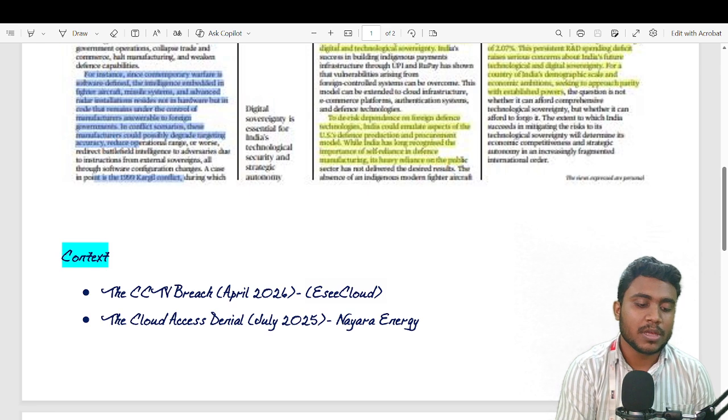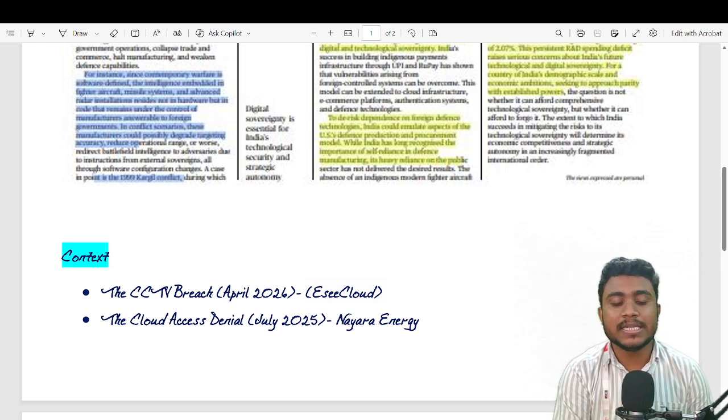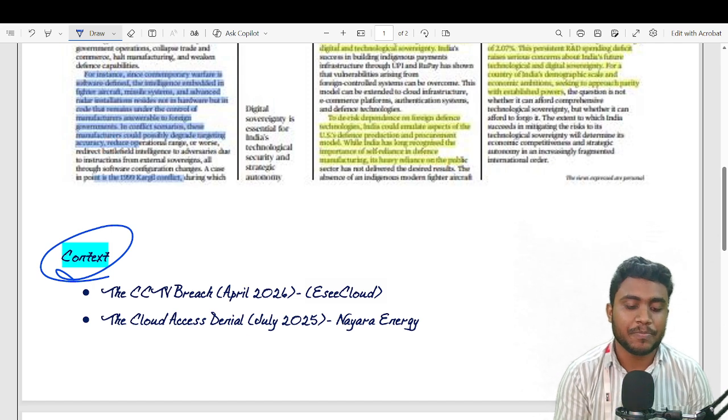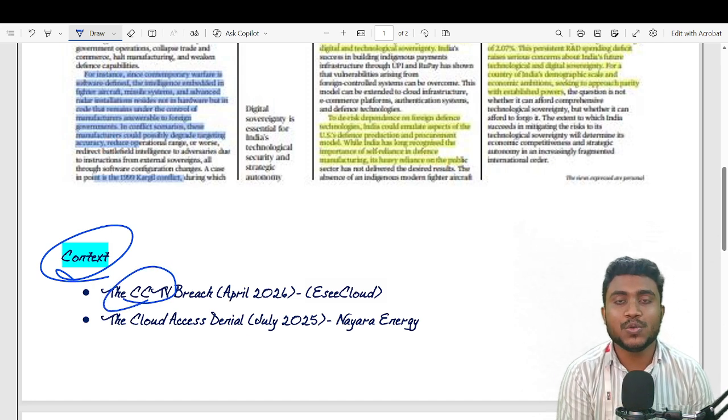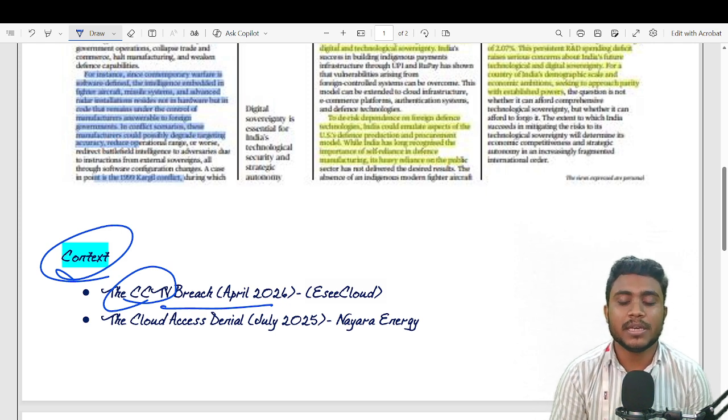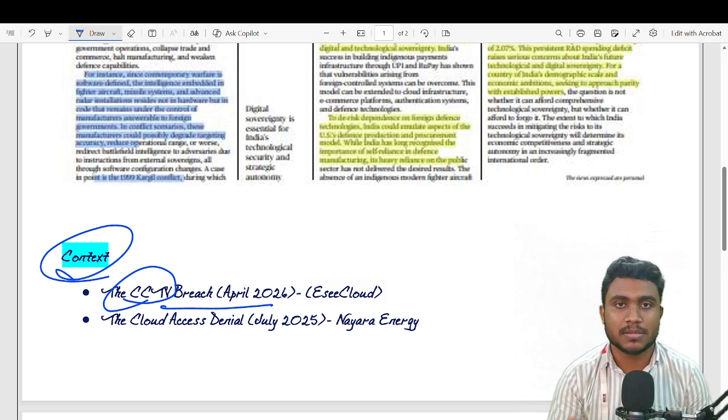At the beginning, we'll discuss the context: why we read it now. The first issue is the CCTV breach. There is an incident where Chinese CCTVs leak information from India to others.